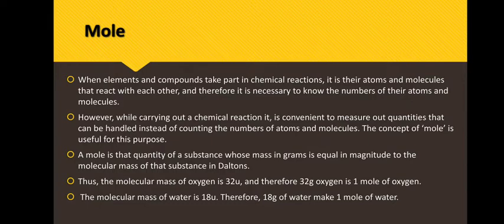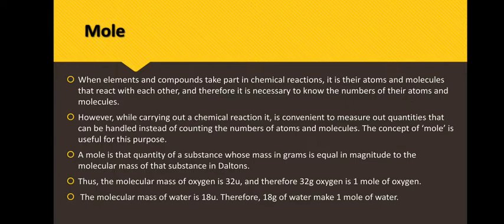Followed? So a mole is that quantity of a substance whose mass in grams is equal in magnitude to the molecular mass of that substance in daltons. So for example, if hydrogen is 1 unit, if you take that in grams, hydrogen 1 unit is equal to 1 gram.